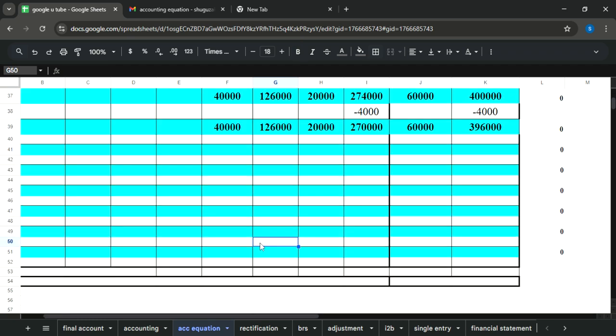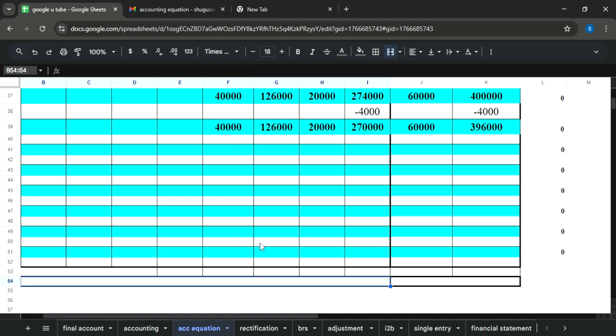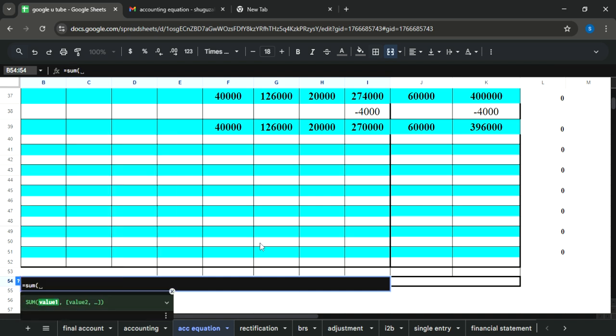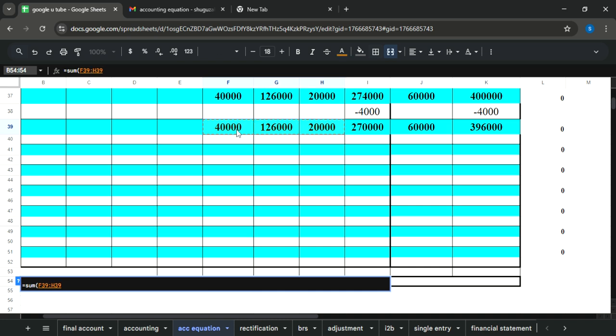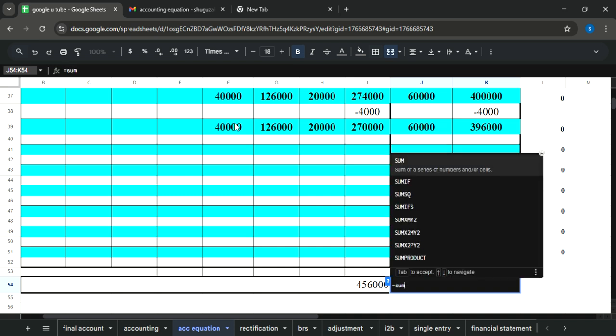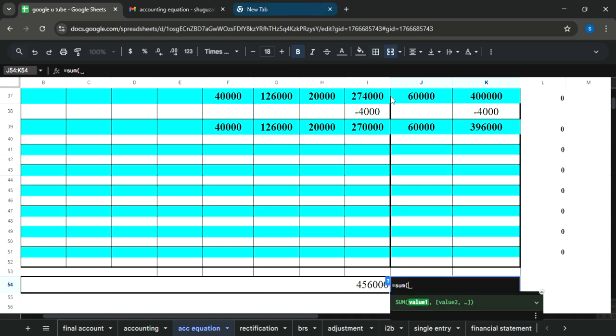Simply what you will do, you will take sum of both sides. Here I am going to take sum of assets. There were four assets: 4,000, 126, 20 and 27,000. We have taken sum, so we have got 456,000. In similar way, we will take sum of liability side.